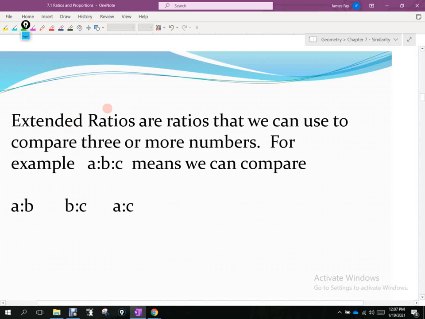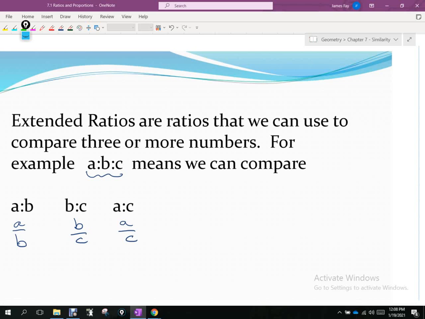There's no way for us to write this in a fraction notation. But once I break them down into the individual comparisons, I can write that as A over B, B over C, and A over C. Isn't there a property that does the same thing?